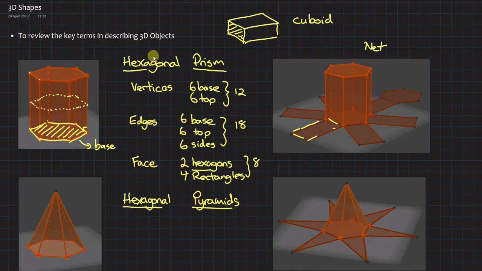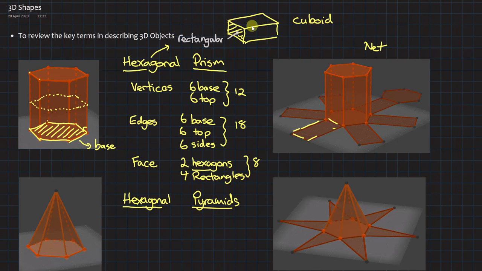So if instead of having a hexagon on the base, we've got a square or a rectangle, rectangles can include the definition of a square and an oblong. So a rectangular prism is called a cuboid, and that's a definition you need to know.